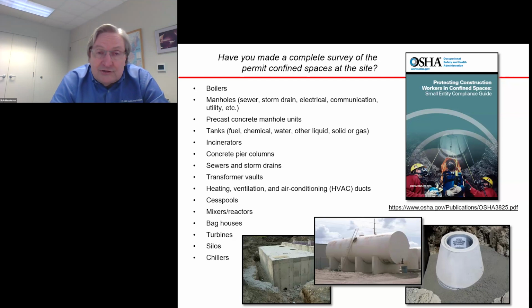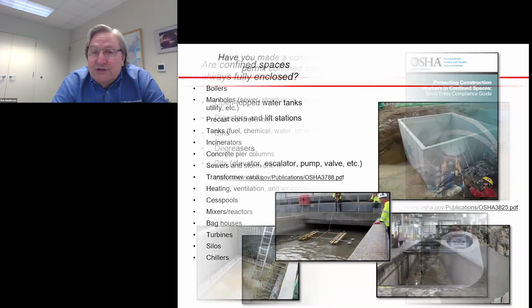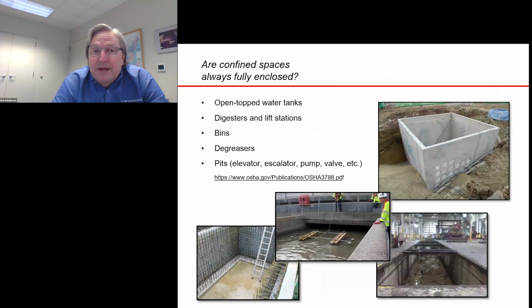But the list includes boilers, manholes, and this is including prefab cement manholes, precast concrete manhole units, tanks, incinerators, pier columns, sewers, drains, transformer vaults, HVAC ducts, cesspools, mixers, reactors, turbines, silos, chillers.